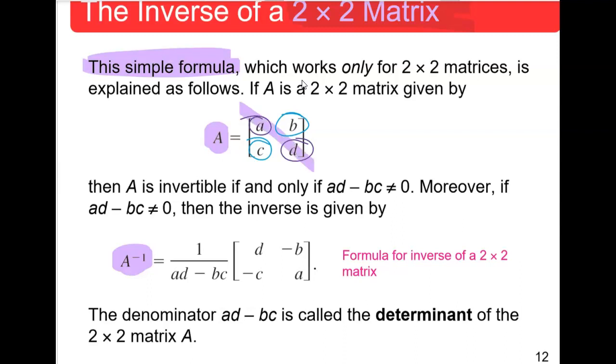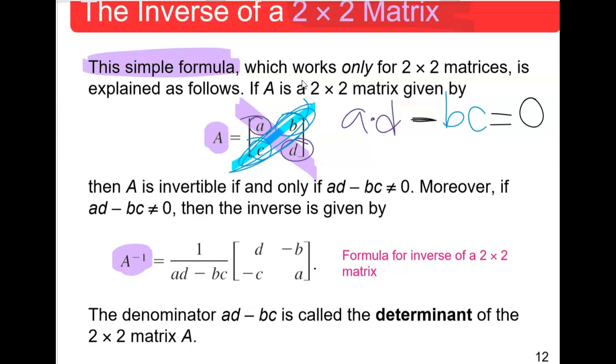So as you can see here, the main diagonal includes A and D. The other diagonal includes B and C. And what we're going to do is multiply A times D, the two in the main diagonal, and then we're going to subtract the product of B times C. And if that was to equal 0, then there is no inverse.